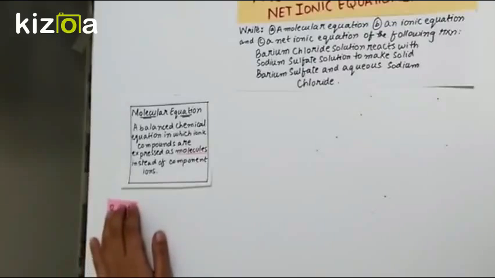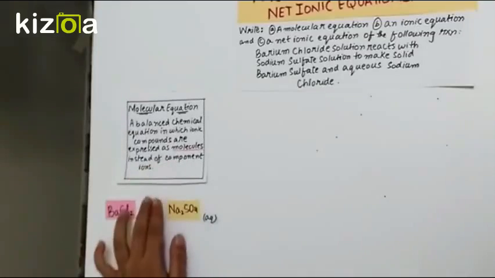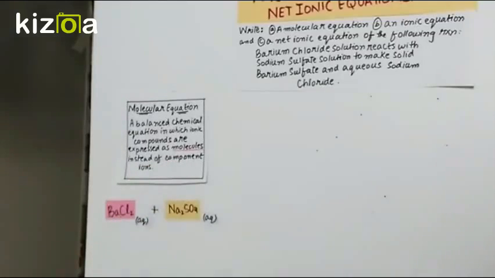We have that memorized. I'm just going to write out the whole equation here. We know that it produces, which means we have to put an arrow here, sodium chloride, which is aqueous, and barium sulfate, which is the only solid here.